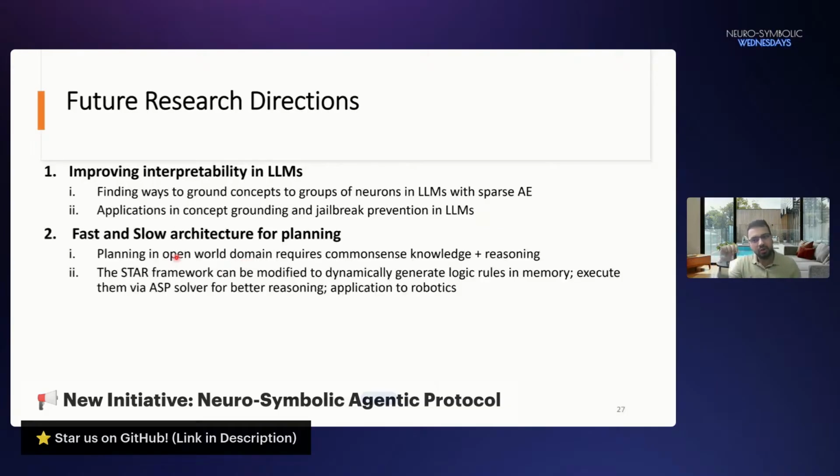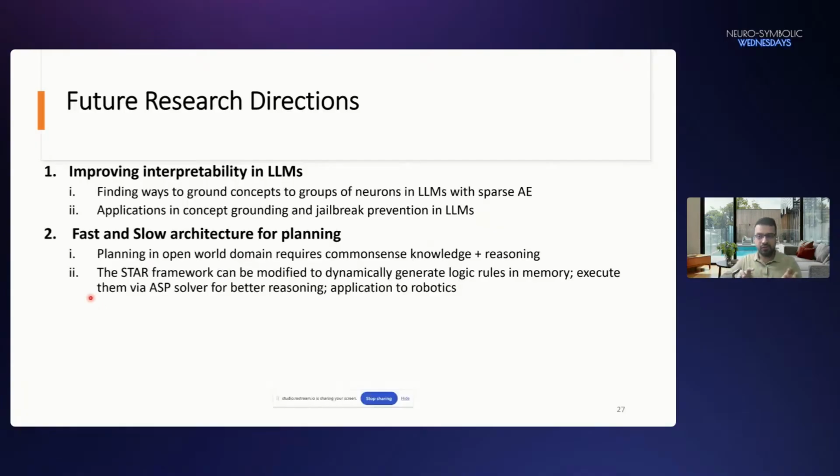Another interesting direction would be to see if we could extend this STAR framework to a fast and slow architecture for planning, where the STAR framework dynamically uses the LLM to generate new rules based on whatever the environment throws at the agent. And the rules then sit somewhere else in memory, and a symbolic solver does the reasoning while the LLM does information extraction.